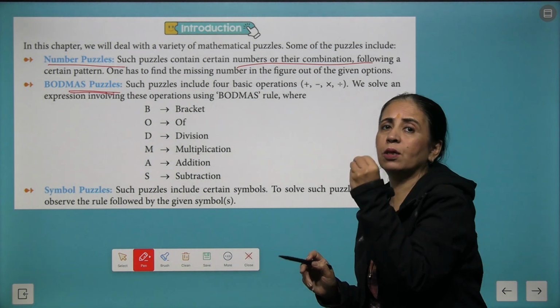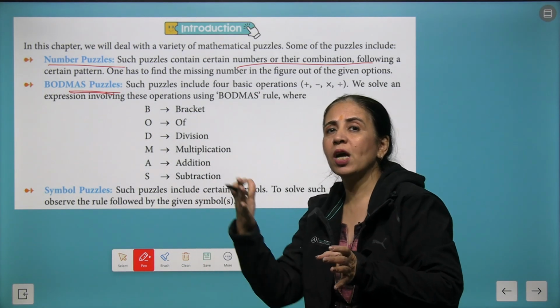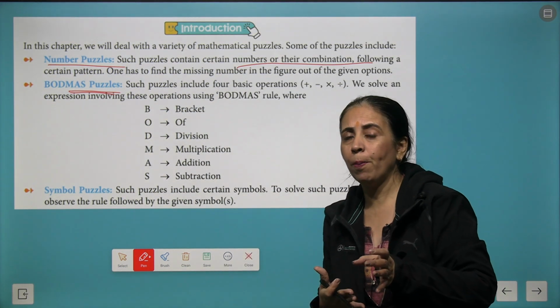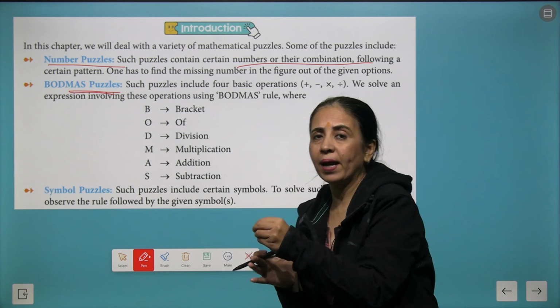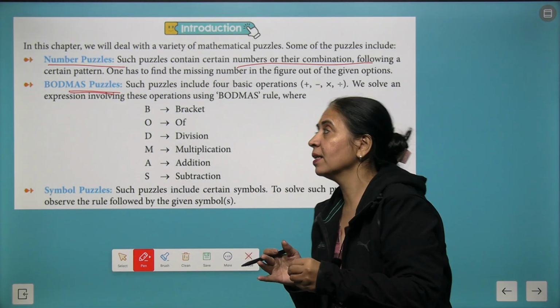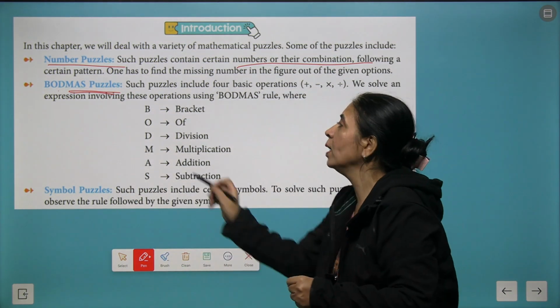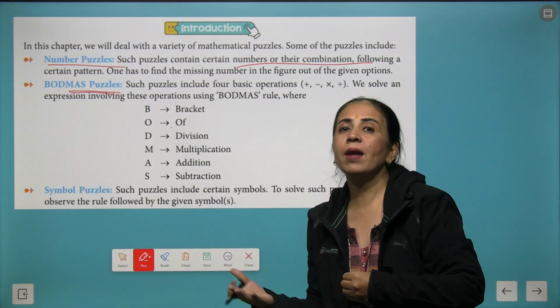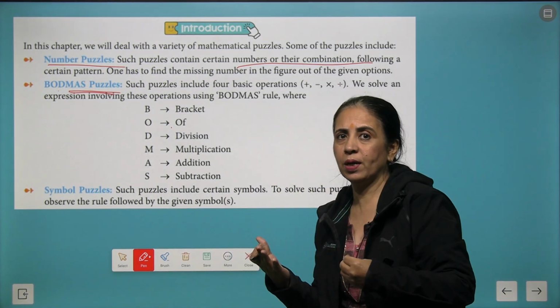BODMAS is the rule to be followed when you have an expression which has more than one operation inside it, and here B stands for brackets. We also call it parenthesis. Then O stands for order. We also call it OF, and that expresses the exponents of a particular number.